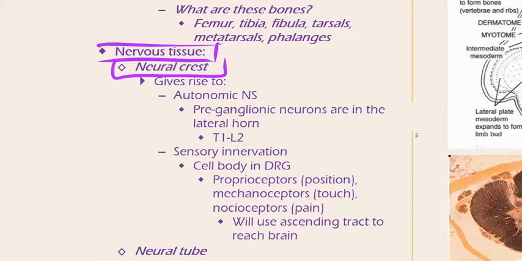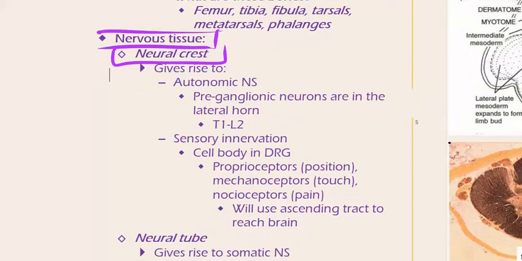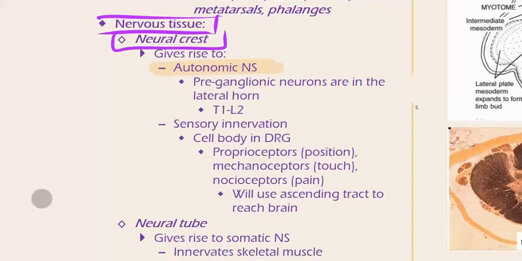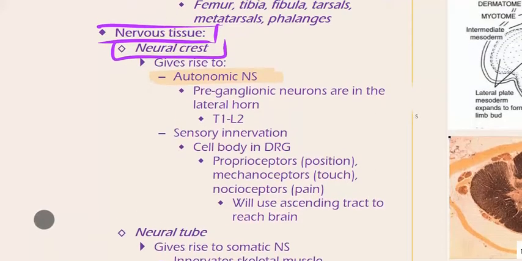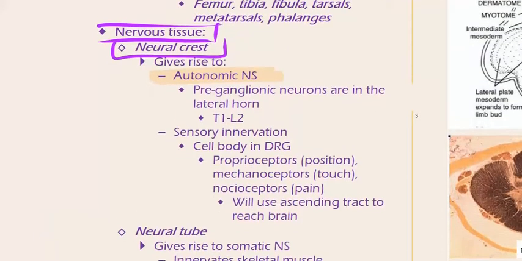But when we're looking at this neural crest cell, it's going to give rise to your autonomic nervous system, right? So remember the autonomic nervous system: sympathetic, parasympathetic. And specifically, in terms of the autonomic system, we mean the postganglionic neurons.